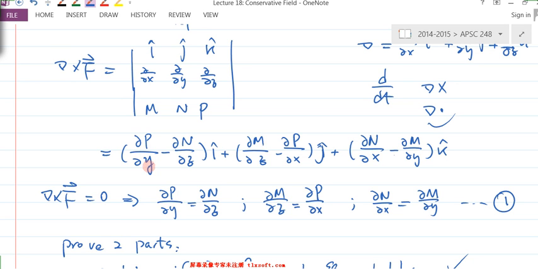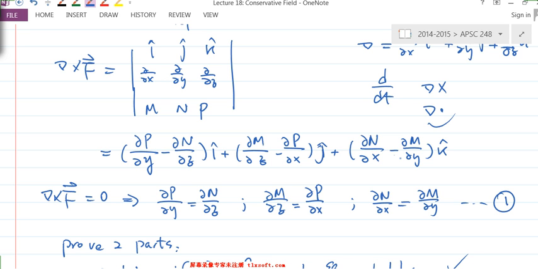There's no p here, so this is 0. There's no z here, so that's 0. No z, 0. No p, 0. So all you have is just the last one here. That makes sense, right? So it's a planar case. You only need to show that this equals this. That's a conservative field. Make sense?